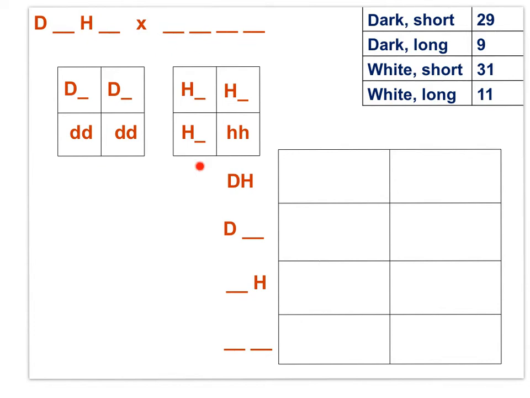I've pulled the two characteristics apart to show you an alternative strategy in dealing with 2 gene crosses. I have the data here. We see 38 dark animals and we see 42 white, and we know that that's a 1-to-1 ratio, and with that we can begin to answer the question. This individual is likely to be heterozygous, and then this individual is going to be homozygous recessive for hair color.